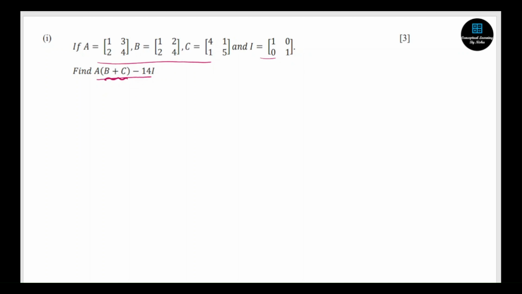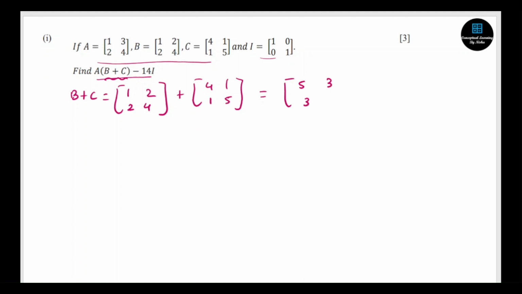So first of all, I'll find B plus C. So B plus C is what? 1, 2, 2, 4 plus 4, 1, 1, 5. Now when I add them, what do we get? 4 plus 1, which is 5. This is 3, this is 3, and this is 9.